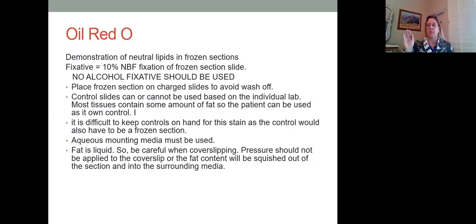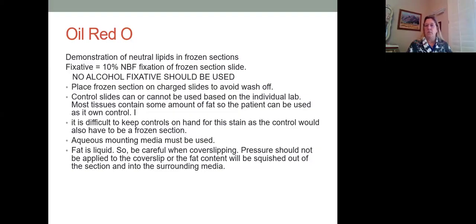If we were going to use a control, we would need to have pre-cut frozen sections and keep them frozen. Really the only way that we can do that is by having another holding mechanism like a -20-degree freezer that we would hold those slides in. Then after you collected the patient, you could pull one of those slides and run them together.